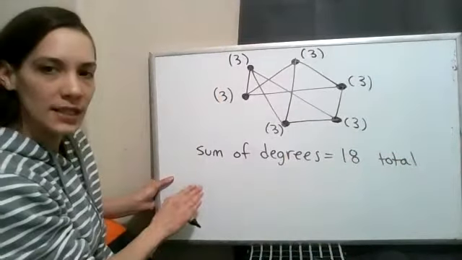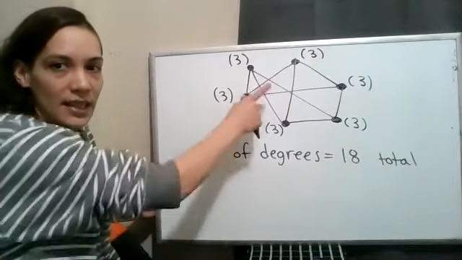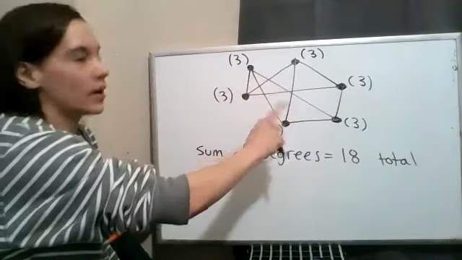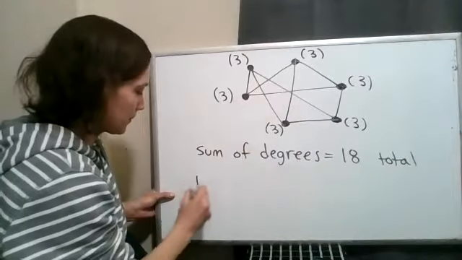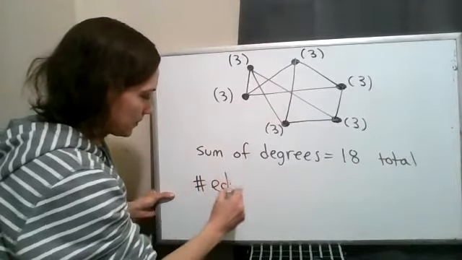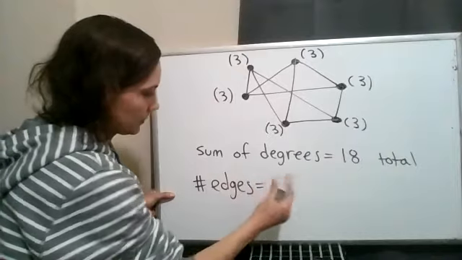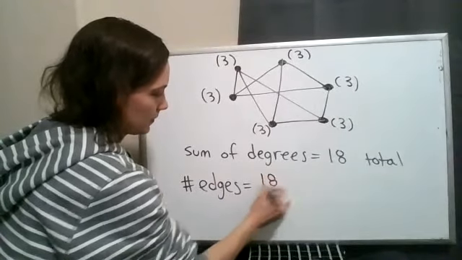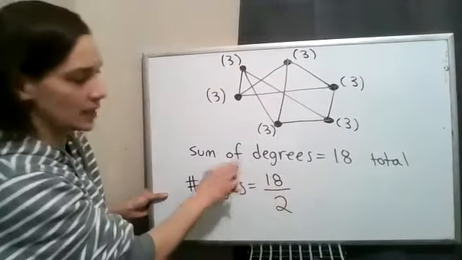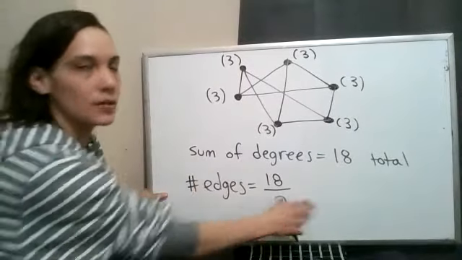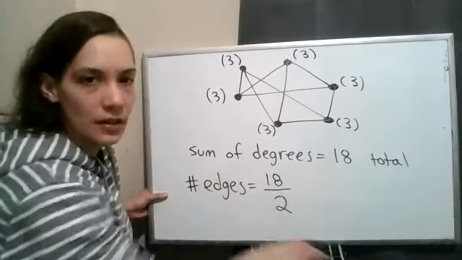We're only using this to find the number of edges, which gives us the number of connections or card exchanges. So take the sum of the degrees divided by 2. So we'll have 9 new cards.